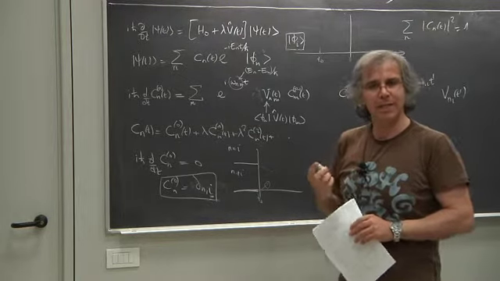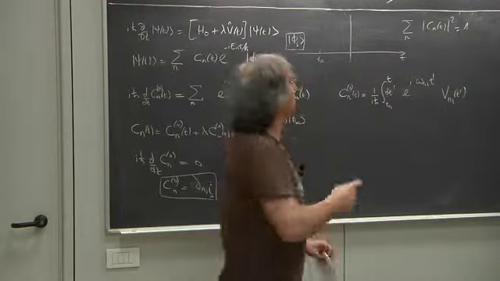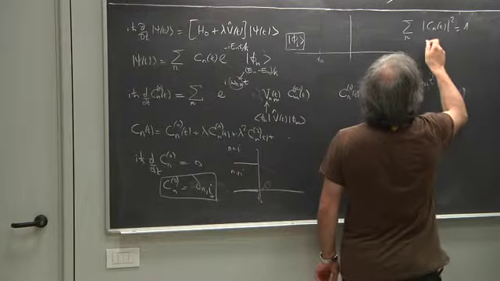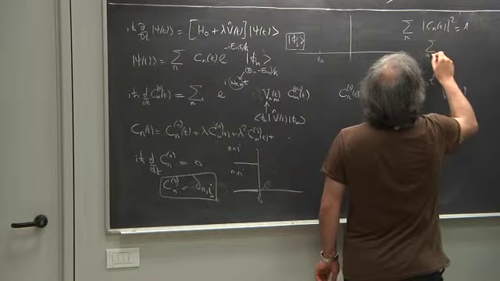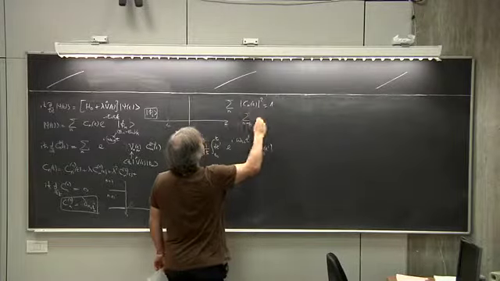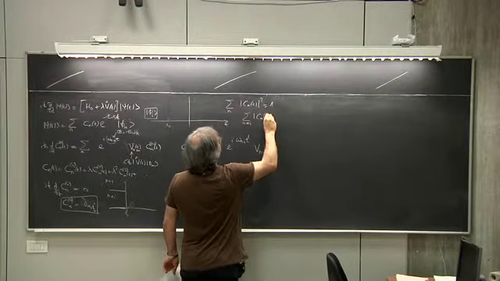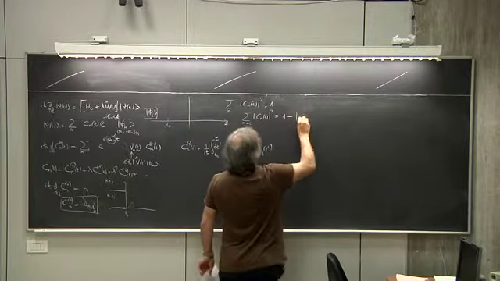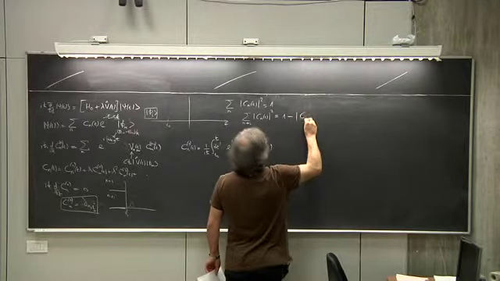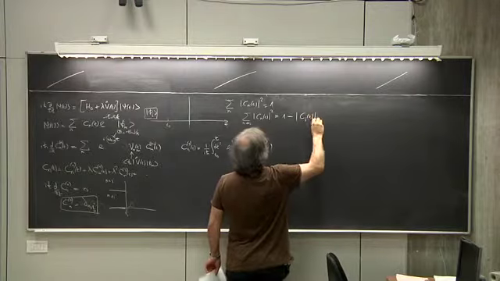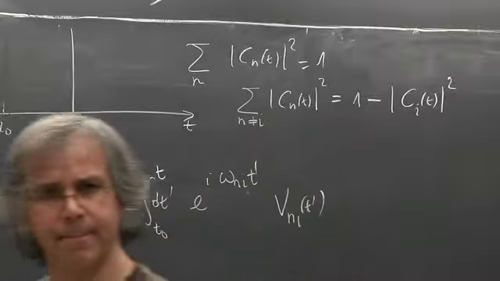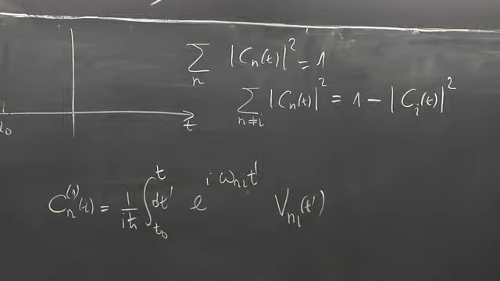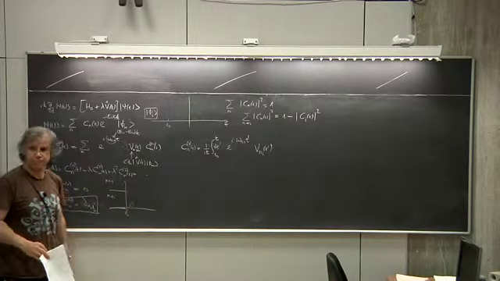So you know immediately that the sum of all probabilities of exciting the system, the sum for all n different from the initial one, should be equal to 1 minus the probability of finding the system in the initial state I. Is this clear? Okay, so whatever is missing from here will be acquired by all other components.